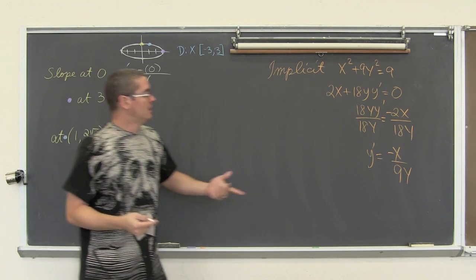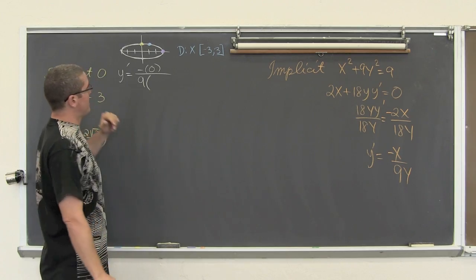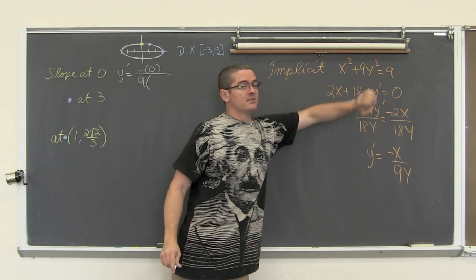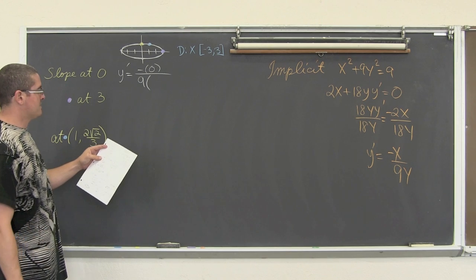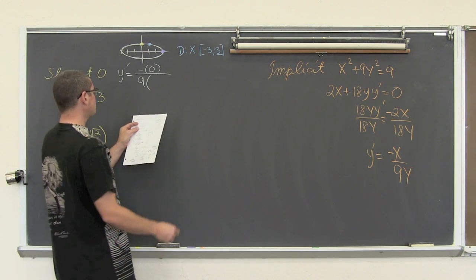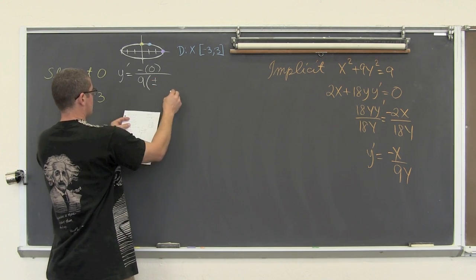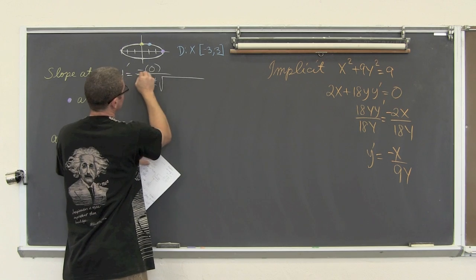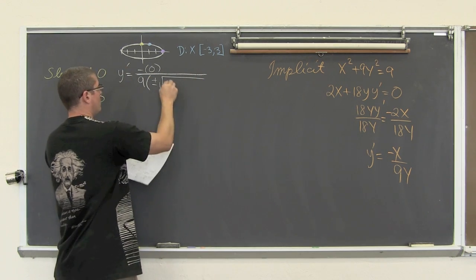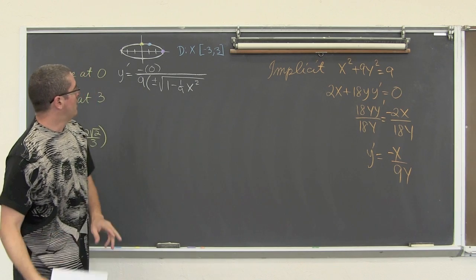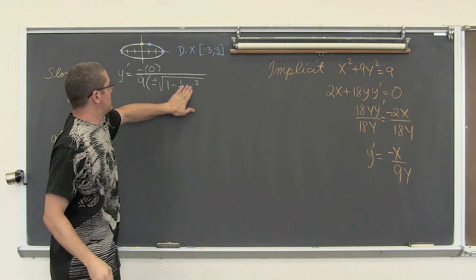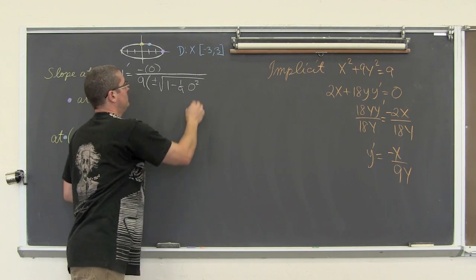If I did not, they would need to give me the y value, or I would need to take this and solve it for y, which I did, and then of course erase. So y is going to be equal to plus or minus the square root of 1 minus 1/9 x squared, where x is equal to 0.